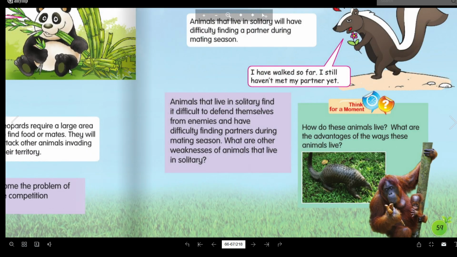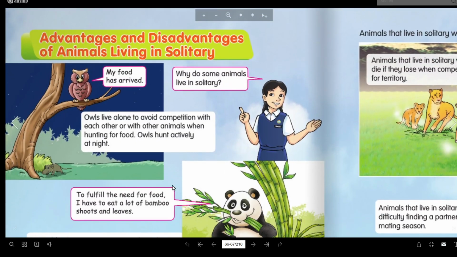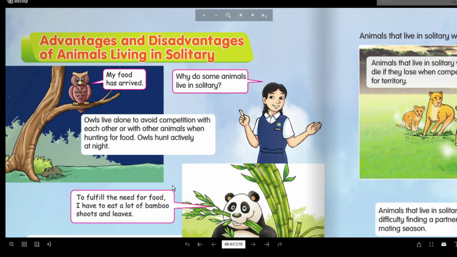Now let's see. Tell me, what are the disadvantages of living in a group? Sometimes if prey is in a group, some of the animals in the group can be caught if they're not fast enough.